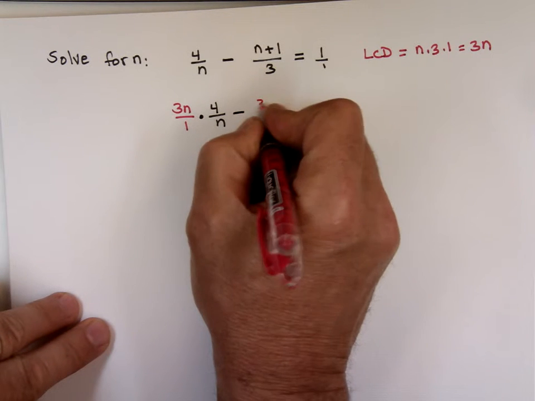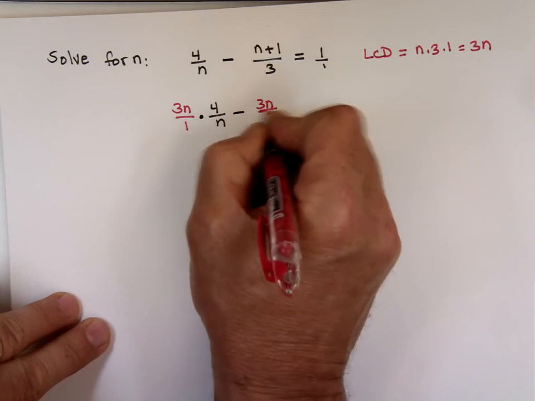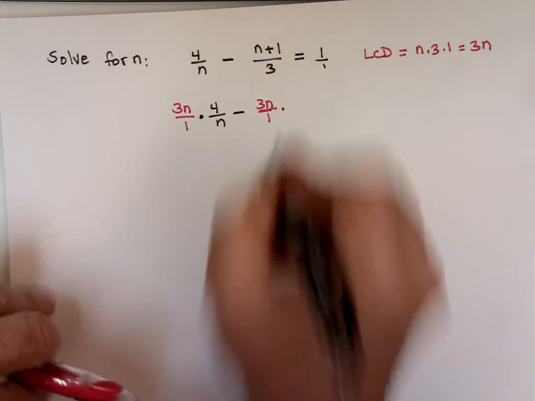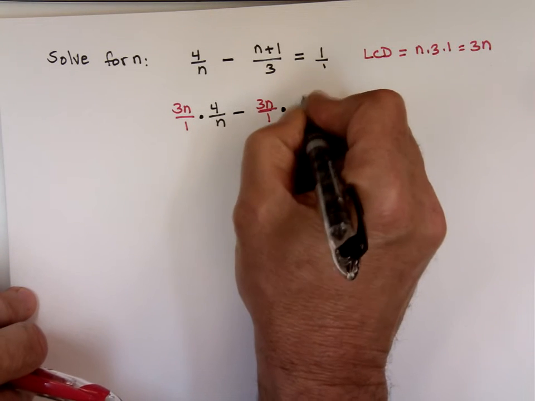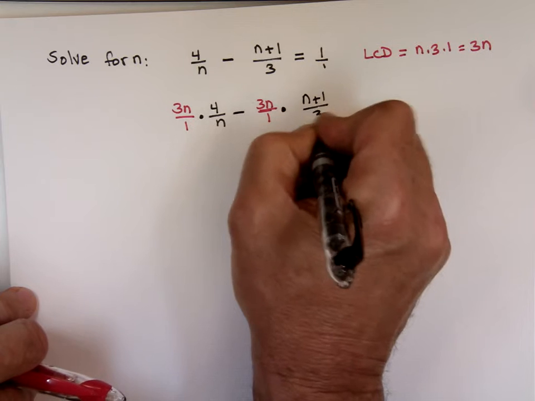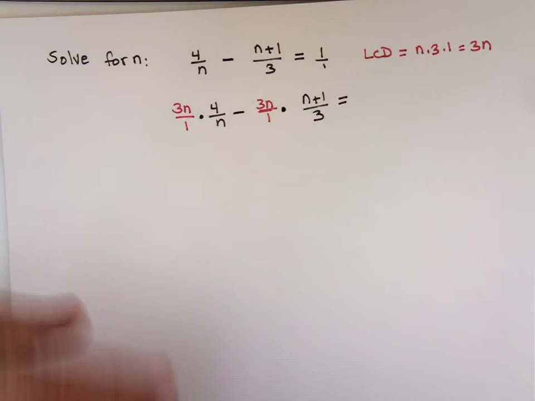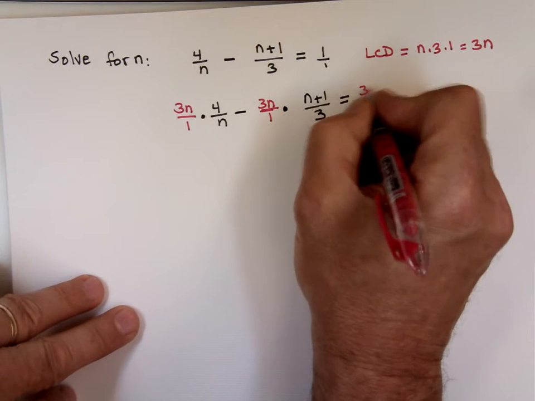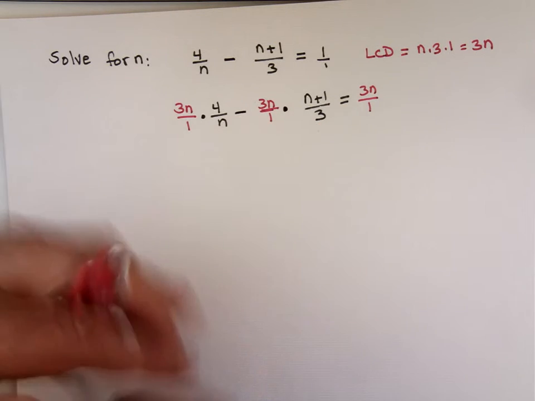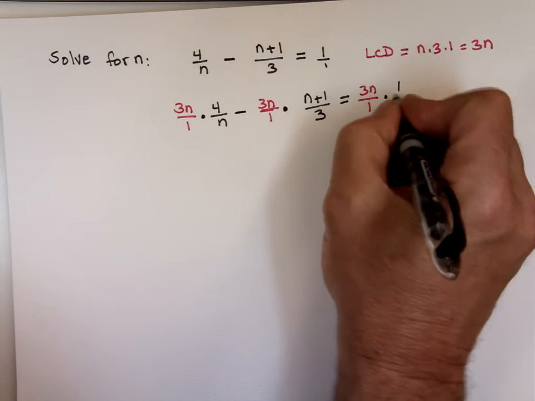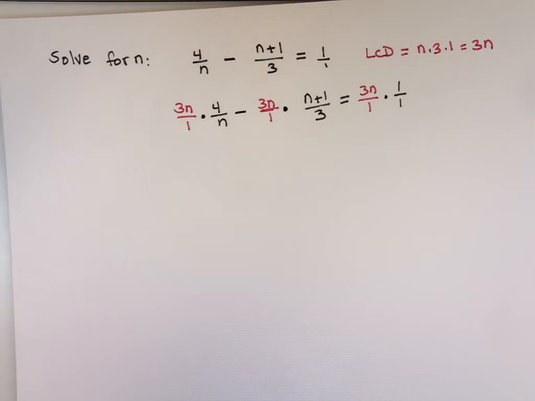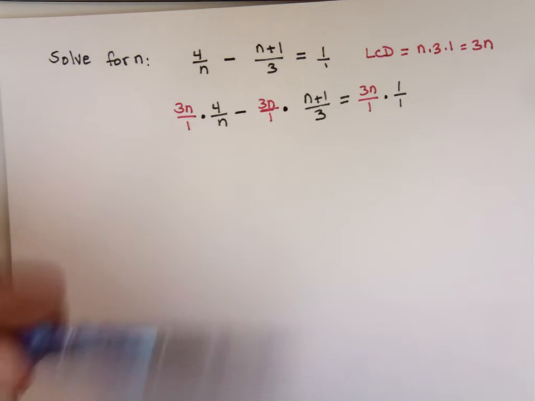3n over 1 times n plus 1 over 3 equals 3n over 1 times 1 over 1. So I'm multiplying every single term by 3n. And let's see, simplify.